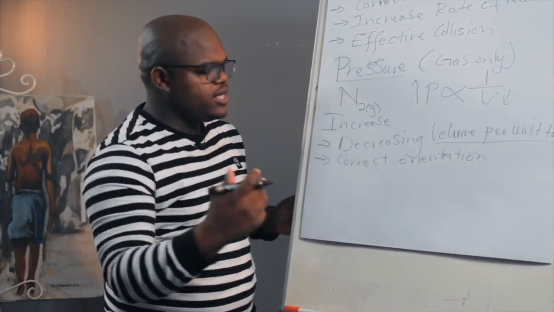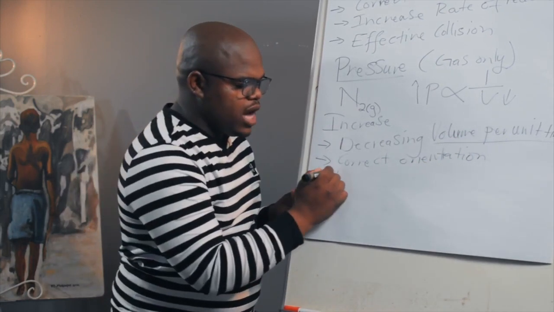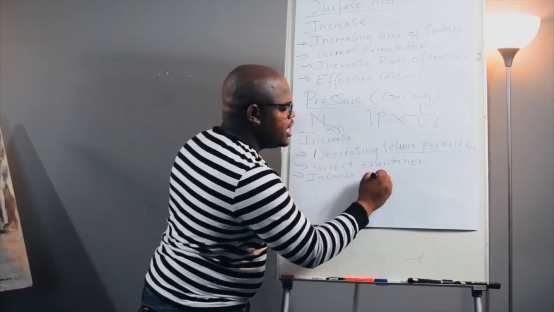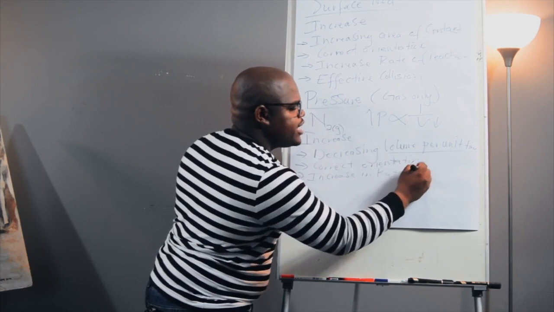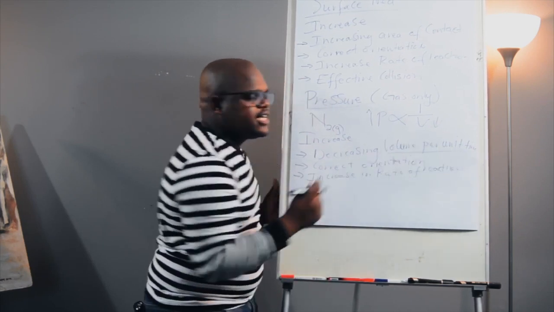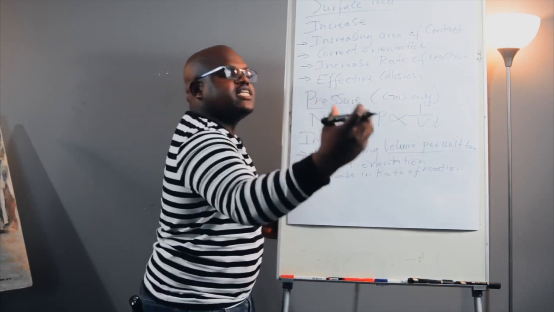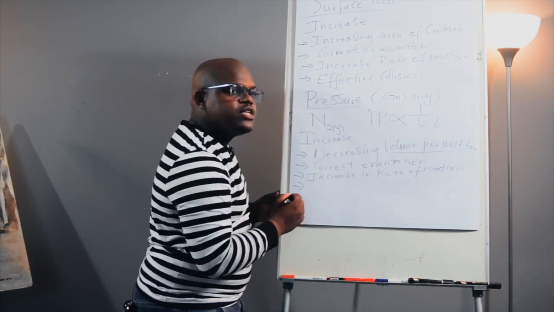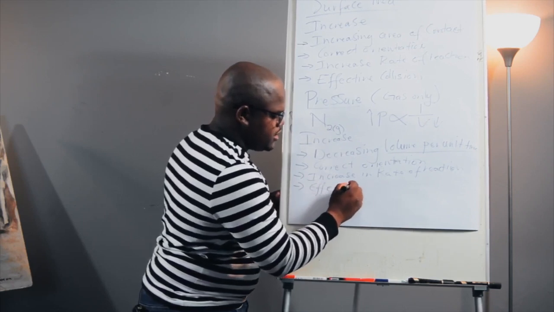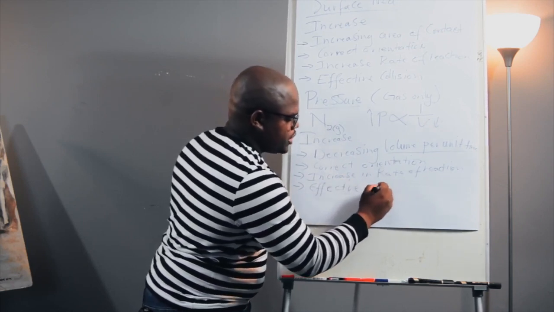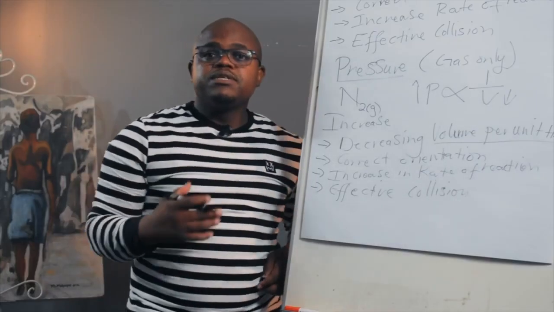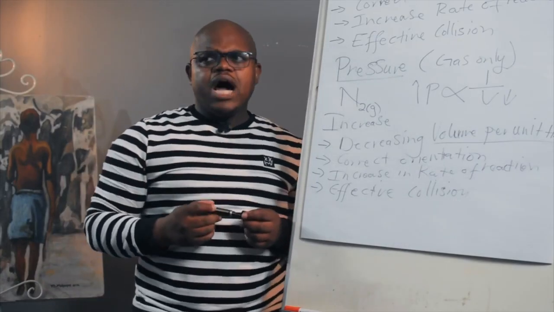If there's correct orientation, it means that there's what? There's an increase in rate of reaction. Okay? If there's an increase in rate of reaction, that means there will be what? Effective collision. Okay, that means there will be what? Effective collision.